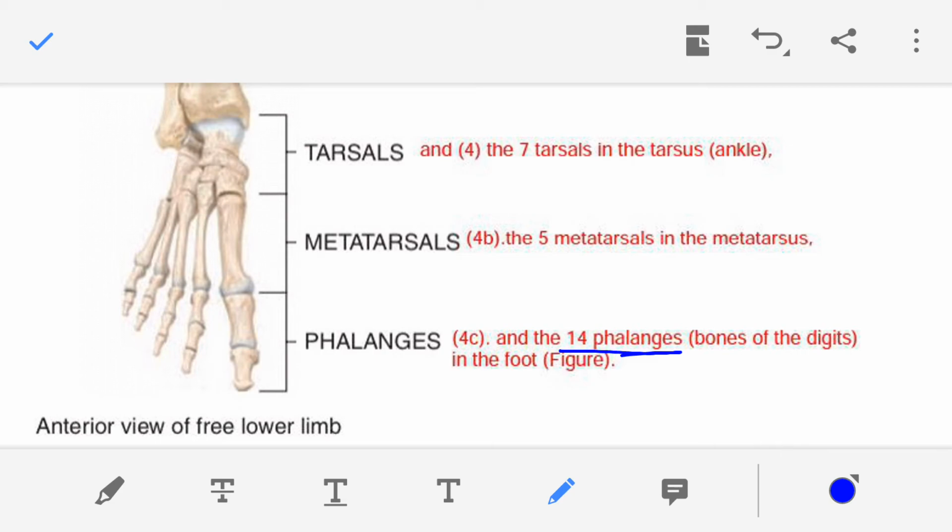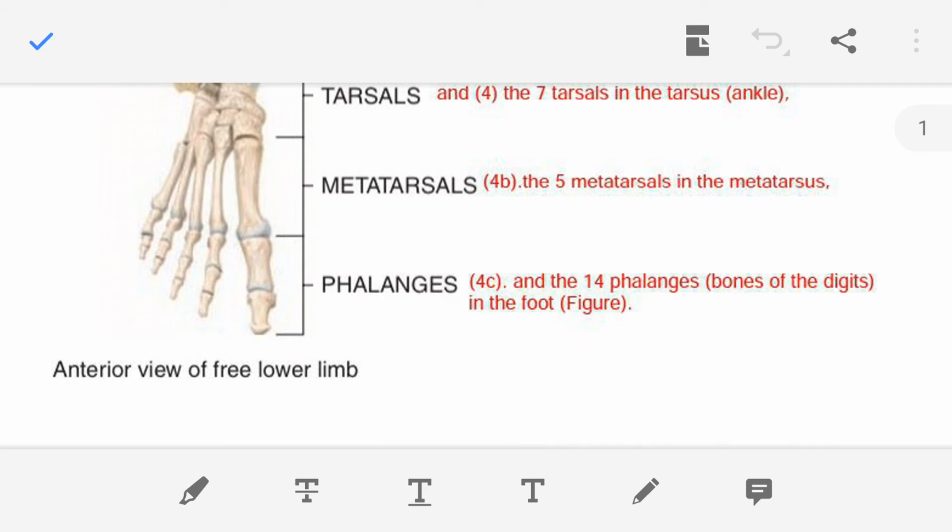There are 14 phalangeal bones, or the bones of digit, present. So these are the 14 bones in the digits of our feet.